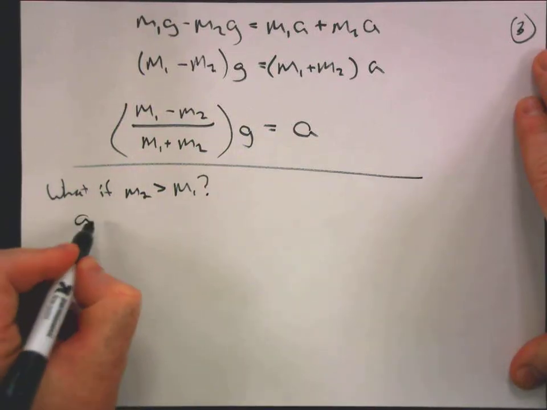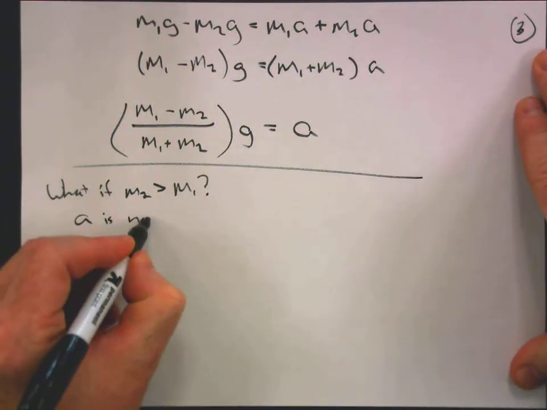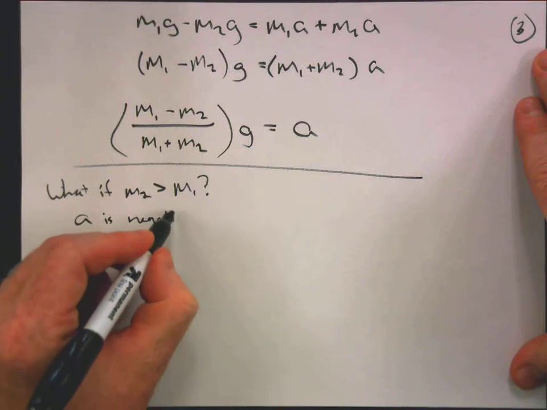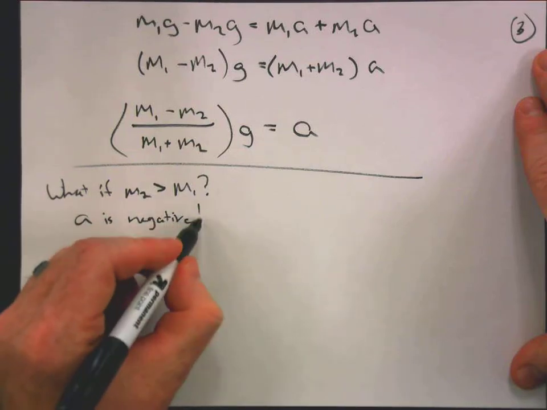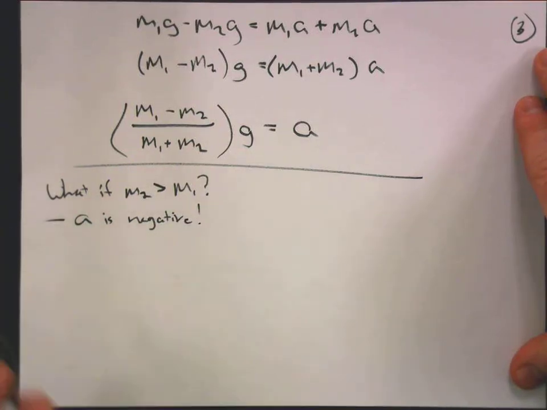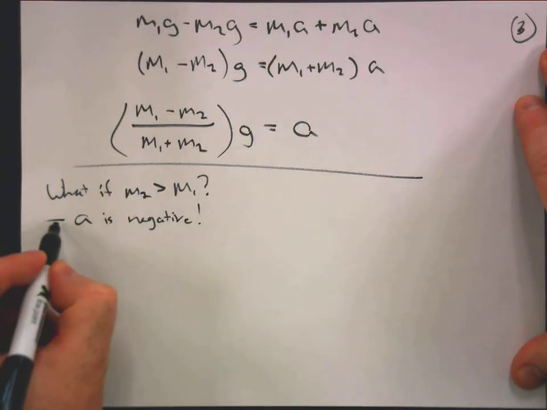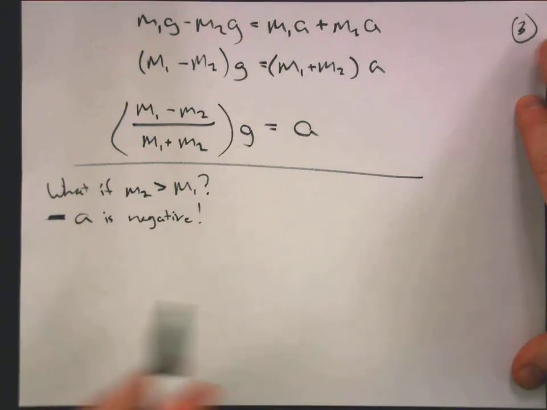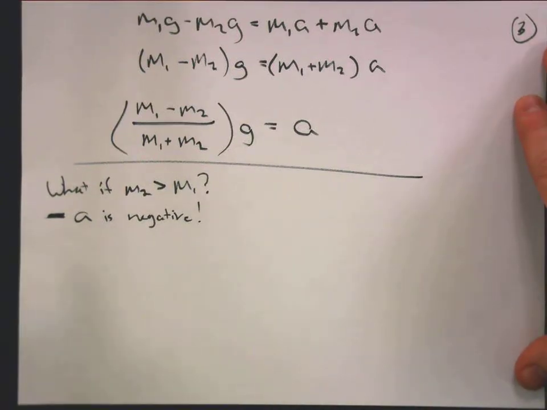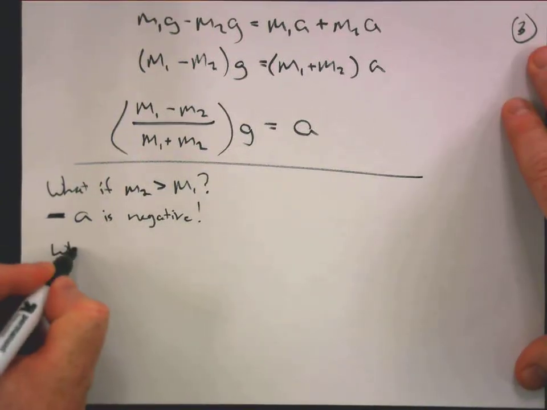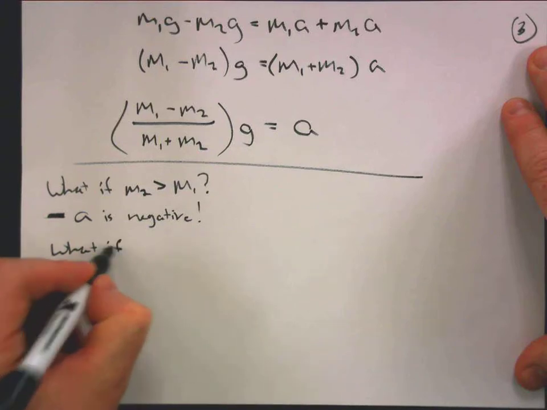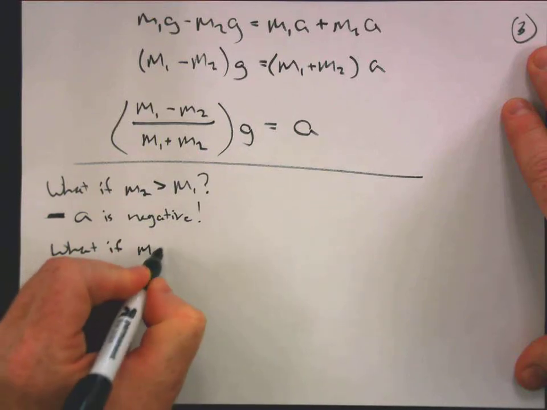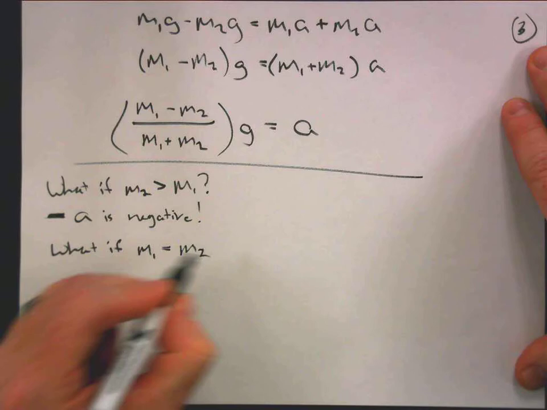Then A becomes negative, no, it's not a minus sign, that's just like a marker. Then in that same original coordinate system, then A becomes negative. Well, what if, this is almost silly to ask, what if M1 equals M2?